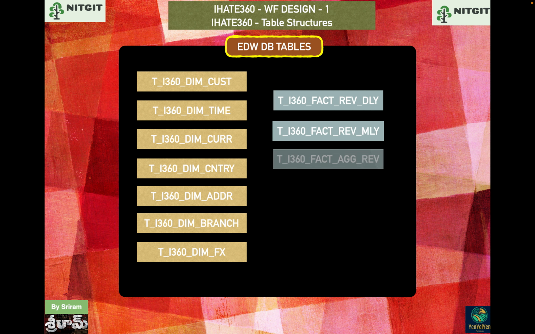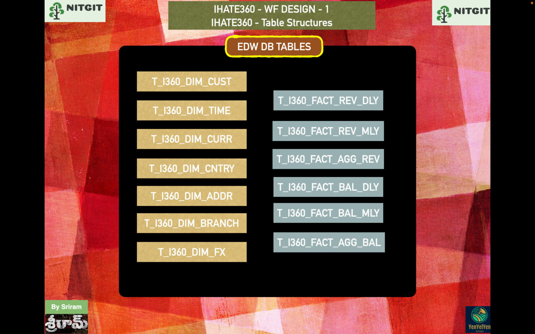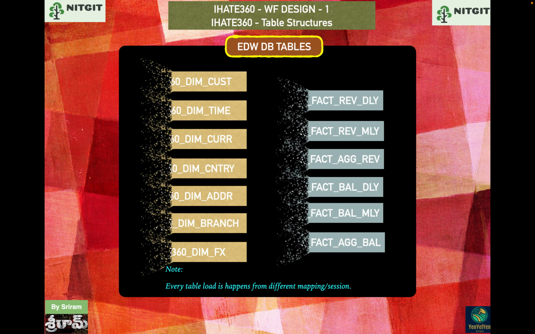So I360: dim customer, dim time, dim currency, dim country, dim address, dim branch, dim foreign exchange, fact revenue daily, fact revenue monthly, fact aggregate revenue, fact balance daily, fact balance monthly, fact aggregate balance. These are the facts that we have for this project. This is how the table structure is. Note, every table load happens from a different mapping and different session.